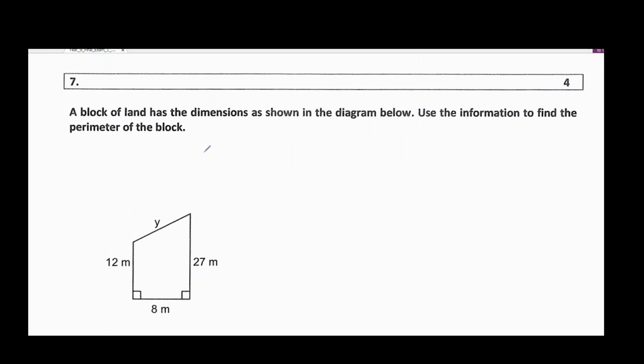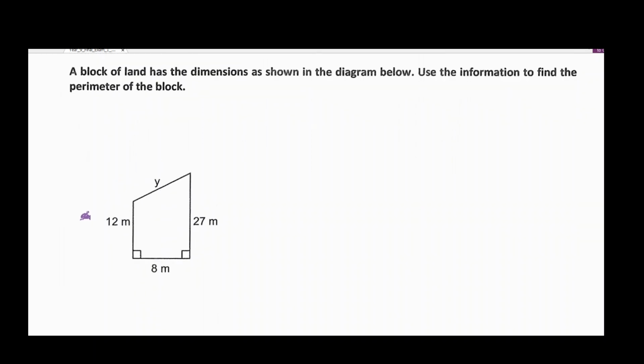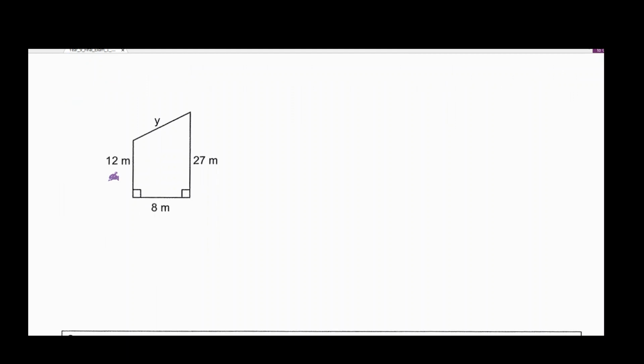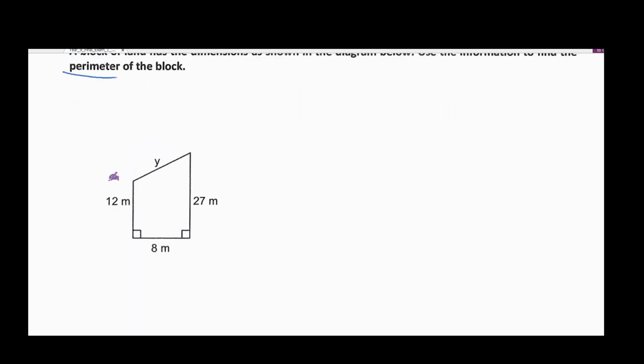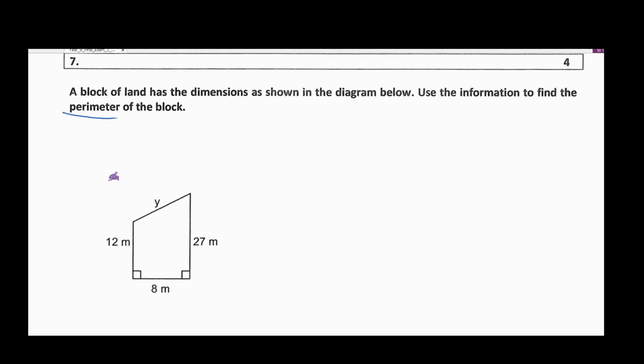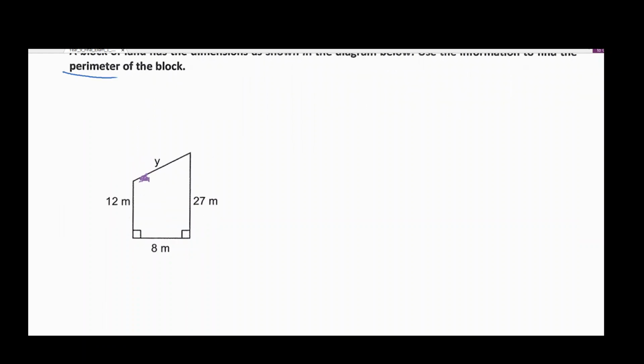A block of land has the dimensions as shown in the diagram below. Use the information to find the perimeter of the block. So the perimeter is the length around the outside. So if we have here a right-angled triangle and a rectangle.